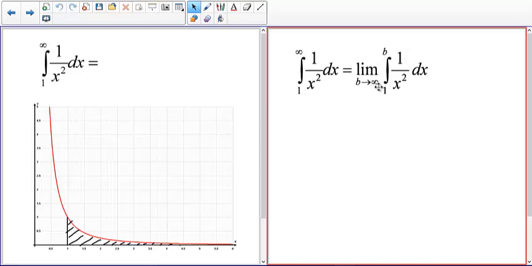So this gives you an algebraic expression involving b. And so we're taking the limit instead of having the definite integral with an infinite limit. We're going to want to do it this way. It's just better mathematically to do it that way.